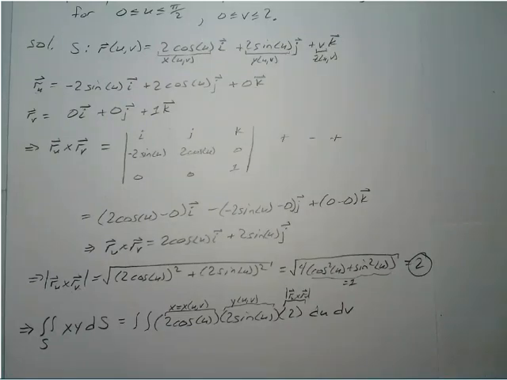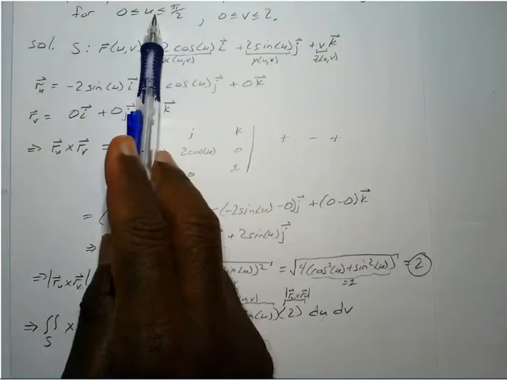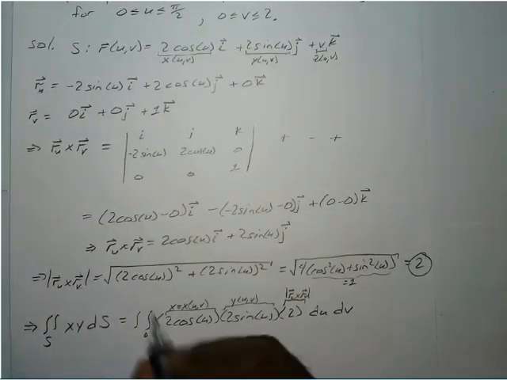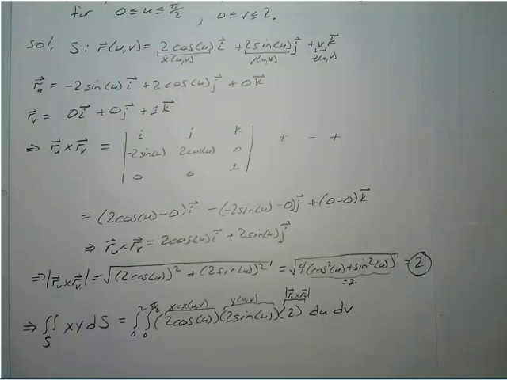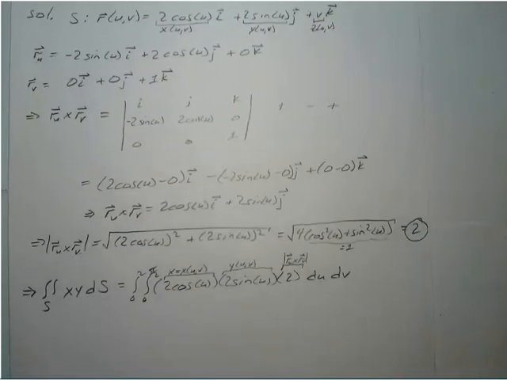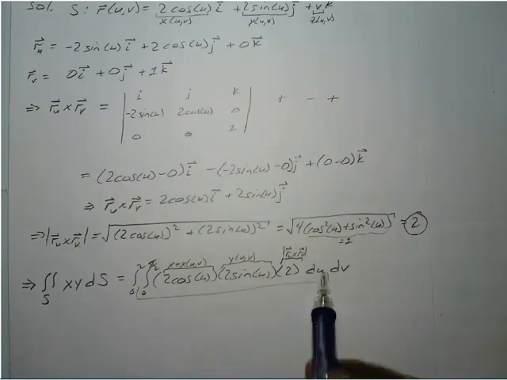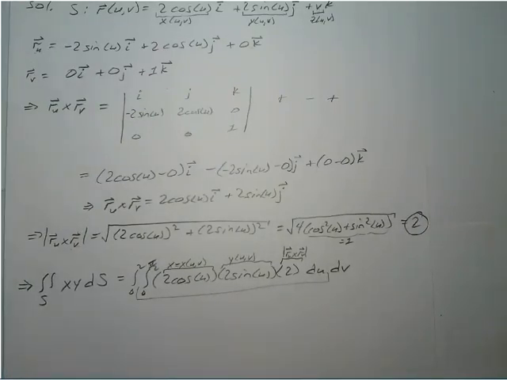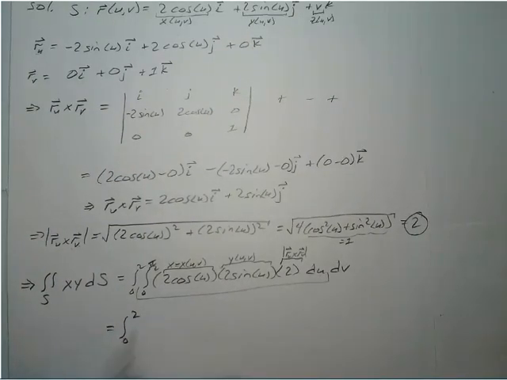All right, so now if we go from the inside out, we know that our u, which is already identified, goes from 0 to pi over 2, and our v goes from 0 to 2. All right, so if we go ahead and integrate the inside with respect to u, we have the integral from 0 to 2.